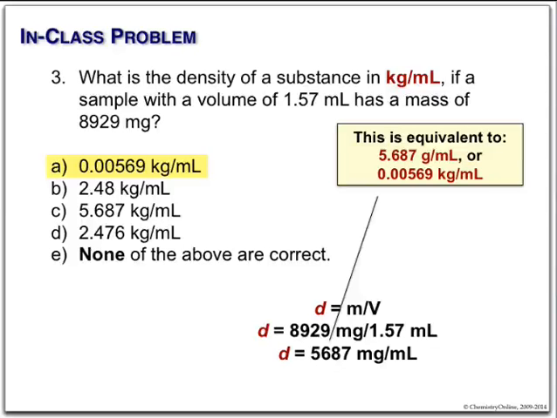If we converted that to grams, we would get 5.68, correct? Simply a factor of 1,000. Now, kilo is 1,000 grams. So we have to divide this by 1,000, get this guy, and this is our answer.